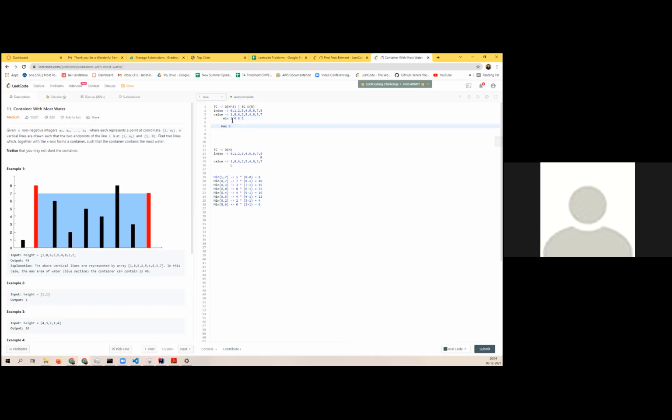Yes. Basically, what I was thinking is that we can have the overall height of the container, and then multiply it by the width. I think we might need one more variable to check from where we have to retain that water.